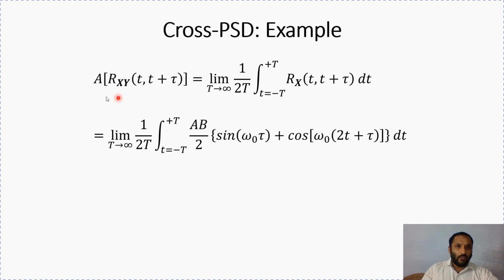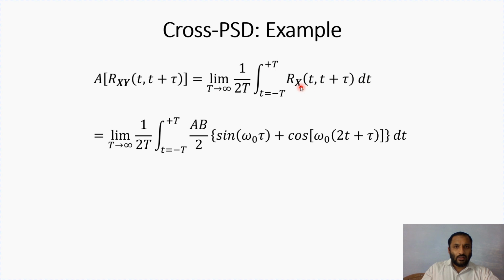So how do you define the time average? It is given by the operator A applying on this function in the square bracket. That is equal to nothing but the average over time, as the limit of integration tends to infinity on either side, from minus infinity to plus infinity, of this correlation function.